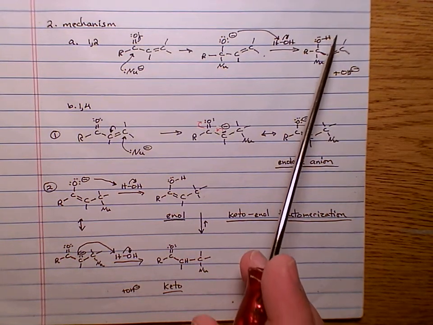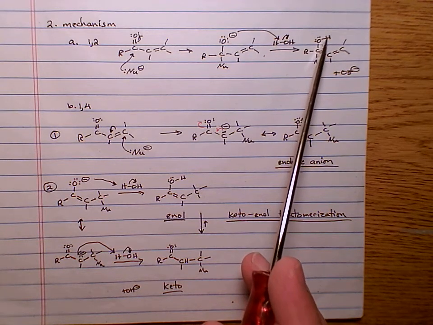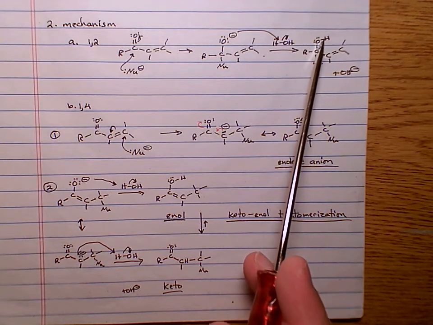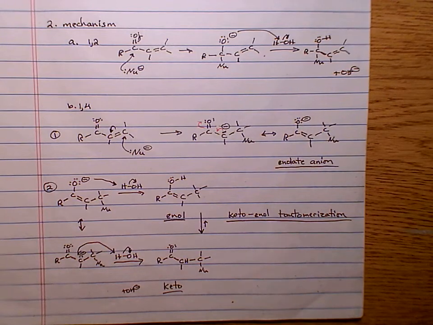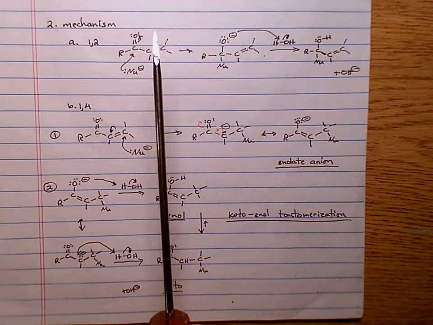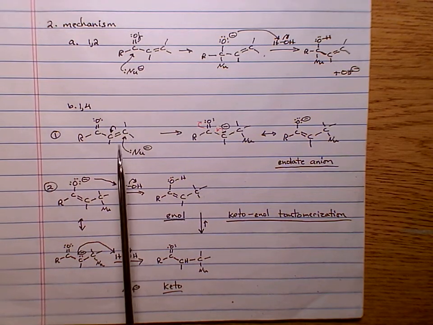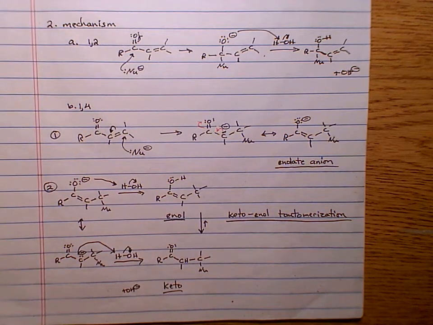The carbonyl is gone, and we've got a hydrogen on that carbonyl oxygen, and a nucleophile on the 1,2 carbon. So the nucleophile with 1,2 goes on the carbonyl carbon, and the double bond stays. With 1,4 addition, the nucleophile goes on the beta carbon, the double bond is gone, and the carbonyl stays.